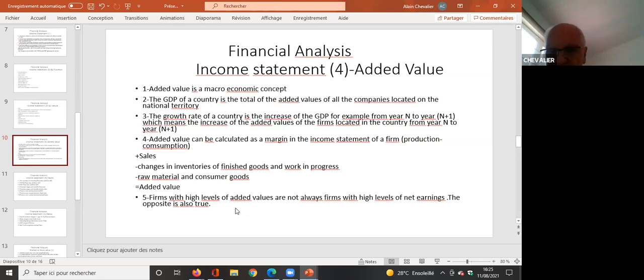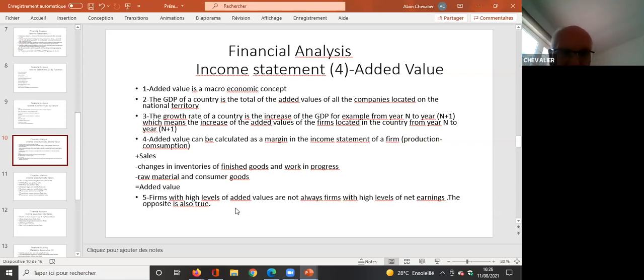And they also have consumer goods taken into account, but it could be mainly office rent. It could be transportation, but it's limited. So that means that added value is very high in terms of percentage of the total. So that's the consulting firm.